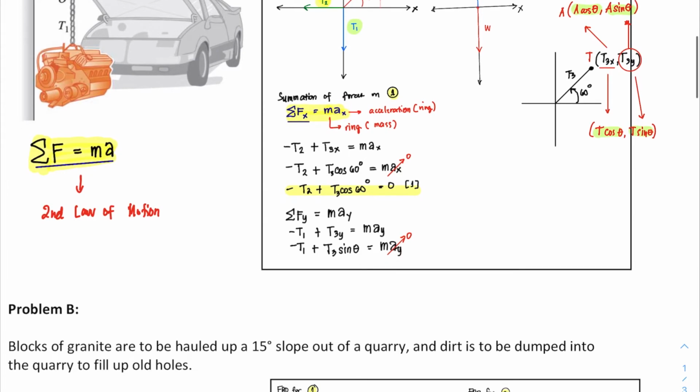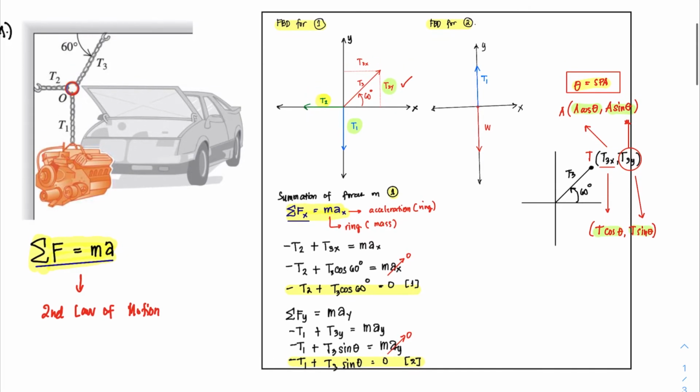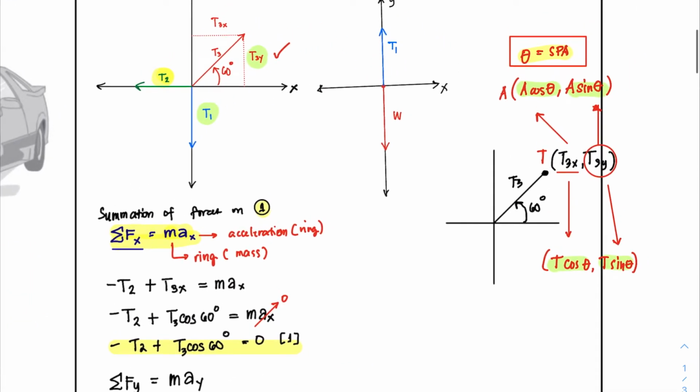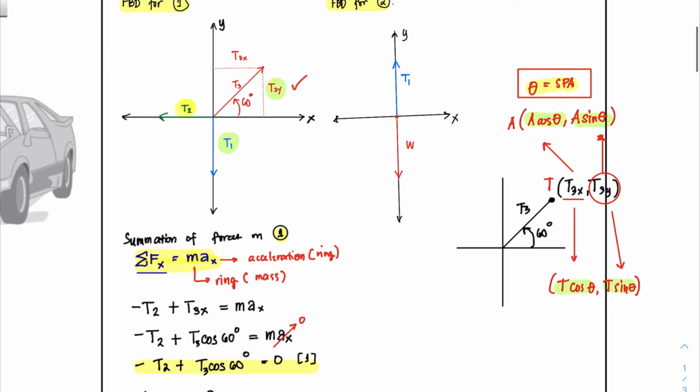So, that implies that the acceleration is just 0, thereby simplifying further our equation into negative T1 plus T3 sine of theta is equal to 0. So that is your equation 2. Alright? So that's just how easy it is to take the summation of the forces by setting up the equation.